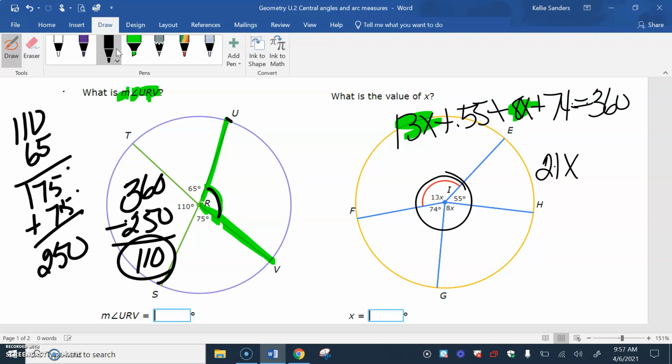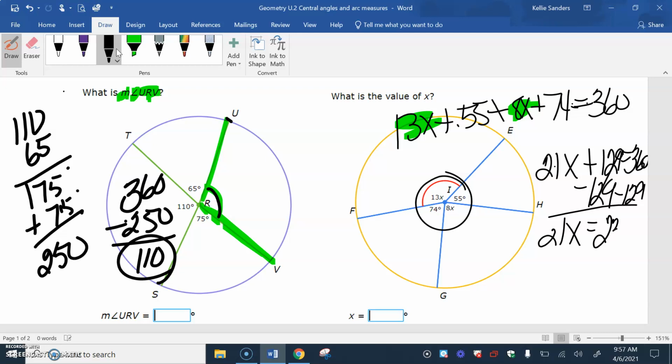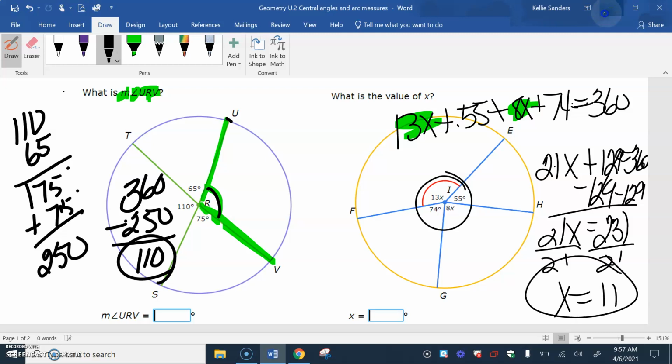So 21x plus 129 equals 360. 360 minus 129 is 231, divided by 21. X is 11.